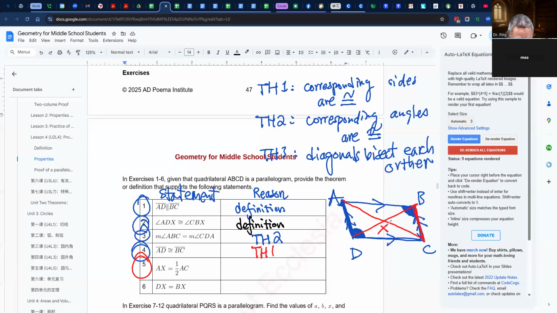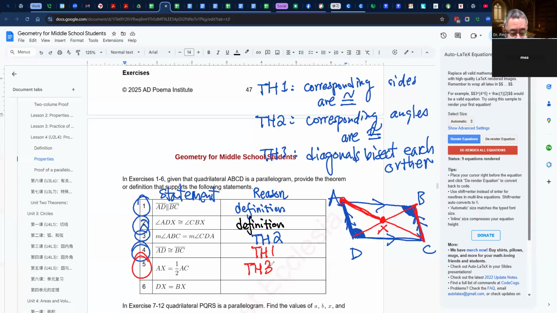This is our X. So AX is here. AX is half of AC. Right, that's because the diagonals bisect each other. So theorem three.